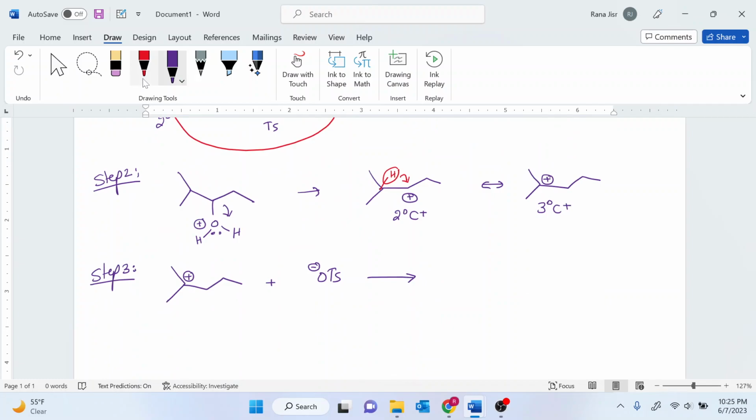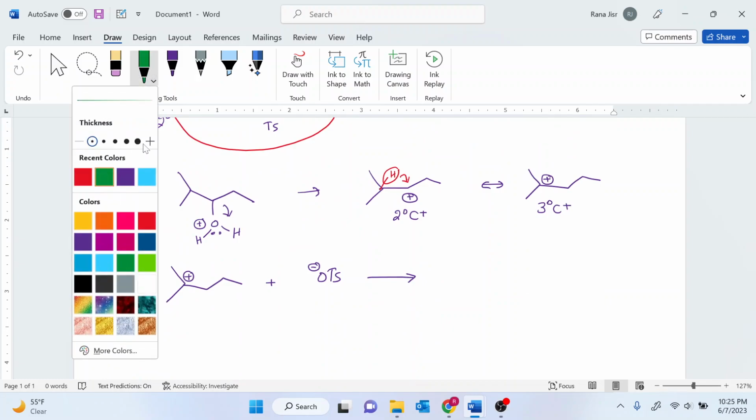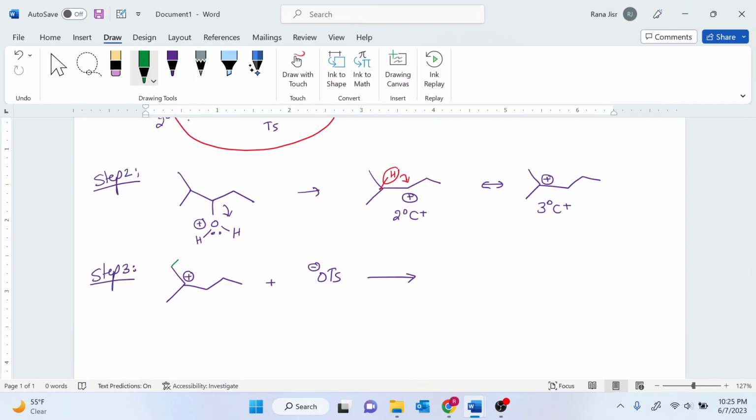So that base is going to come and attack all the beta hydrogens in there. I do have two types of beta hydrogens. I have a beta hydrogen here, and I do have a beta hydrogen over there. So this one is going to be my beta hydrogen, okay? And I do have another beta hydrogen. So this is beta 1 and this is beta 2.